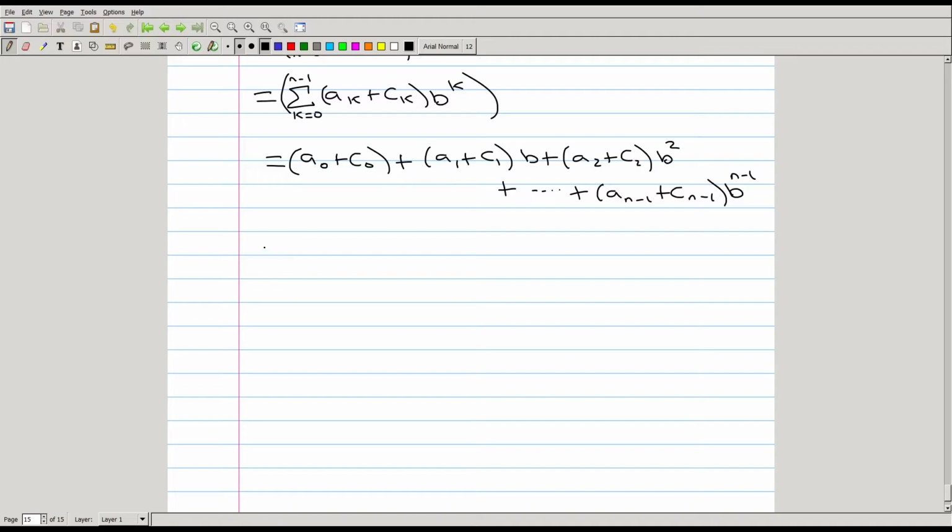So the first step in the algorithm is to divide this A naught plus C naught by b, and we say that this is going to be k naught times b plus r naught. So the remainder of this division is the first digit, because we know that r naught is going to be strictly less than b and greater than or equal to 0.